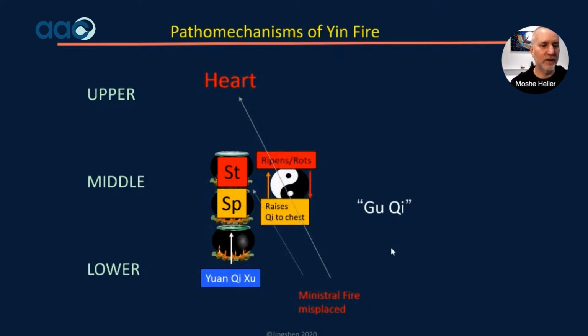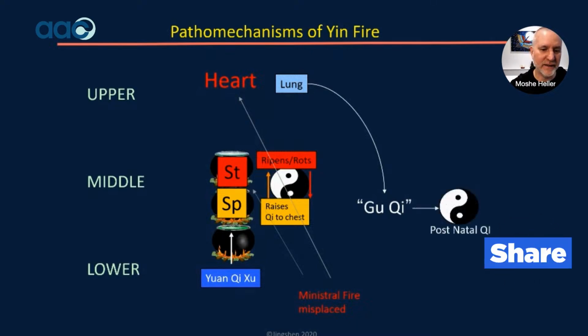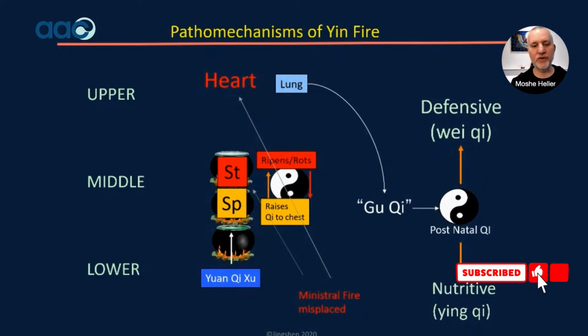And so, as the spleen and stomach is supposed to raise, the spleen is supposed to bring up the qi to the chest, and the stomach is ripening and rotting, and it is supposed to connect with the lung qi to create gu qi, and then this is the source of our postnatal qi, and also the source of having a very strong and balanced yin qi and wei qi.